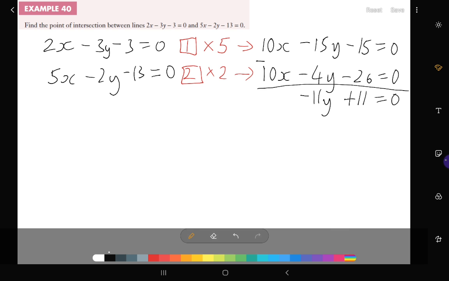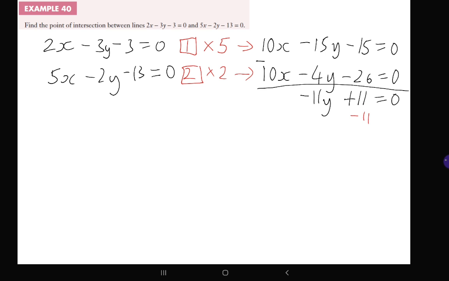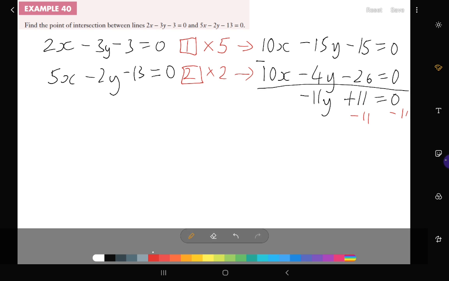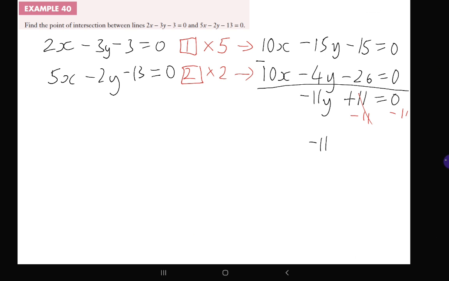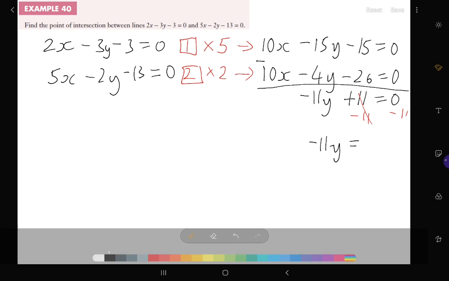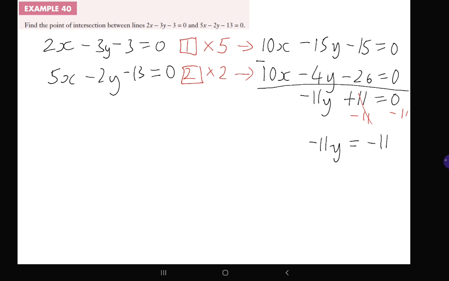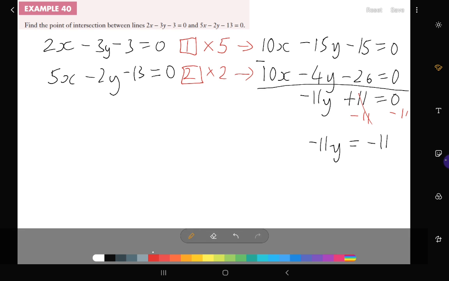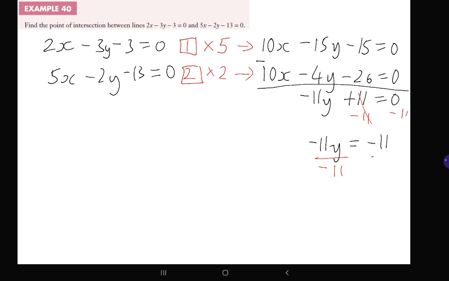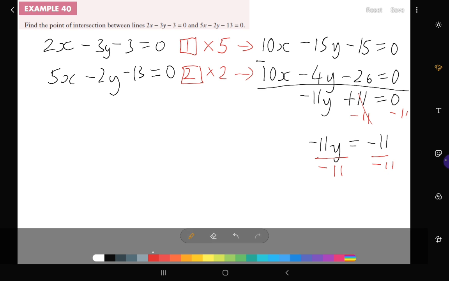So I end up with negative 11y plus 11 equals 0. And then I can solve this by going minus 11 on both sides. Minus 11y equal to negative 11. Dividing both sides by negative 11, I end up with y equal to 1.